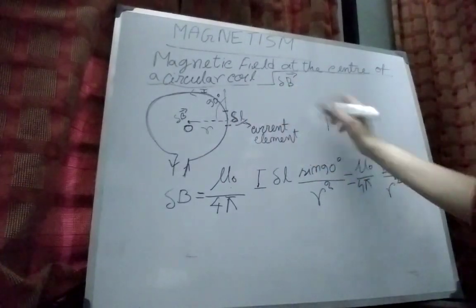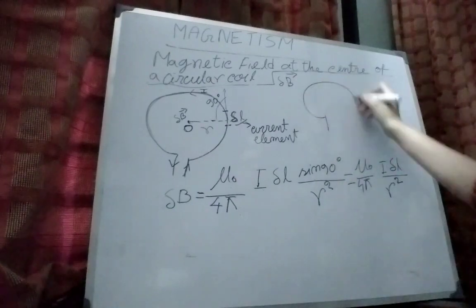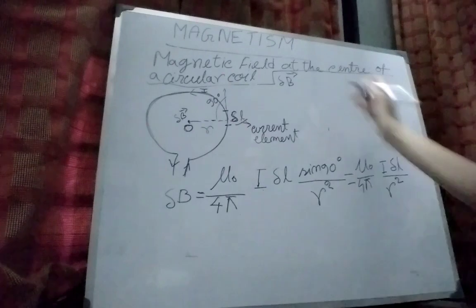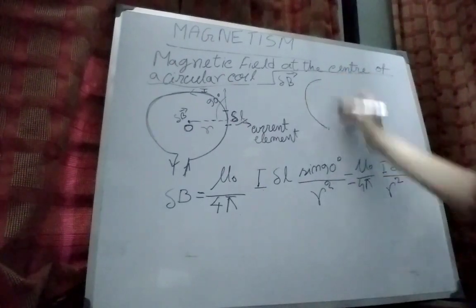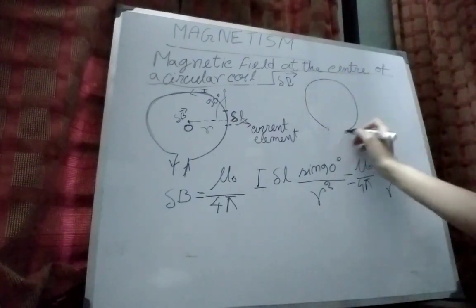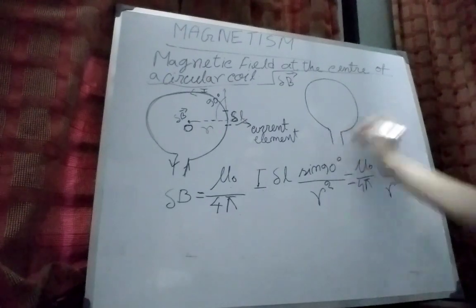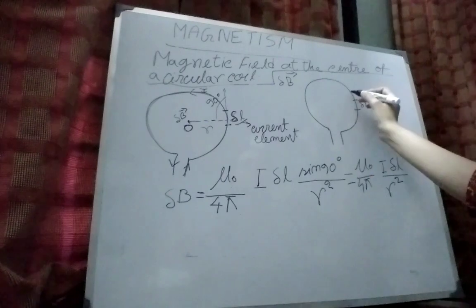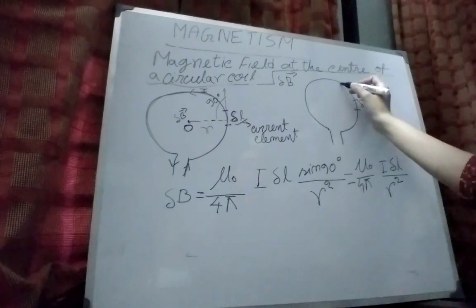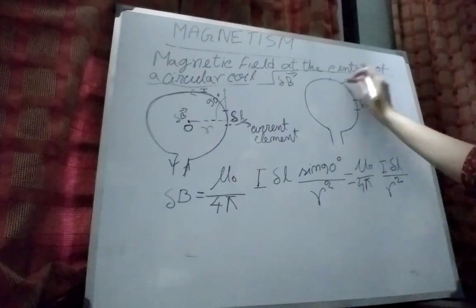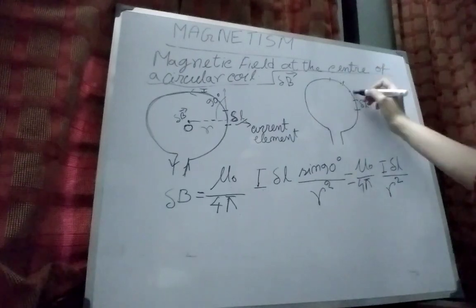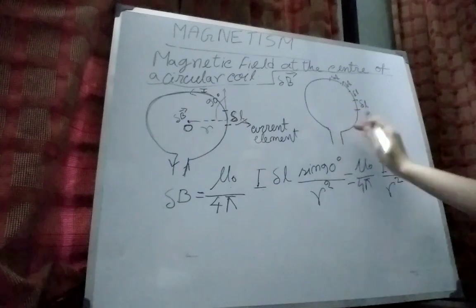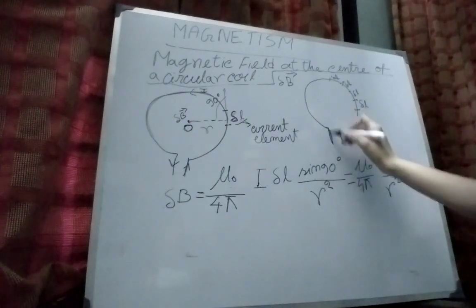So, if we consider this coil as a circle, and this is the small current element del L, suppose we are dividing the entire coil using the same element del L, and this will be the entire circular coil.